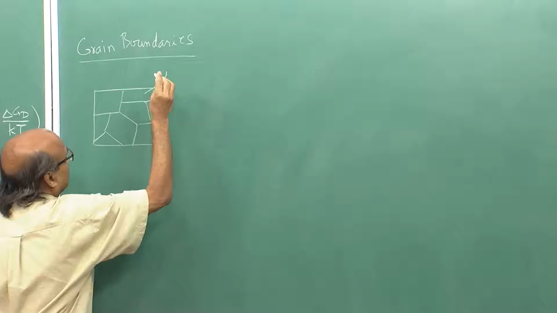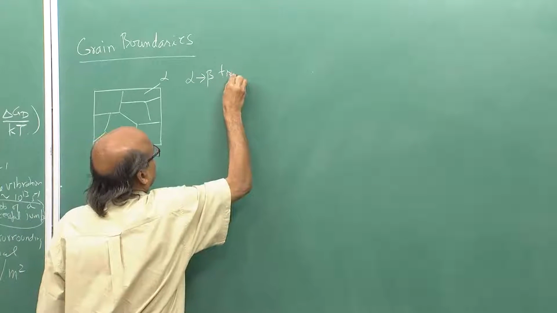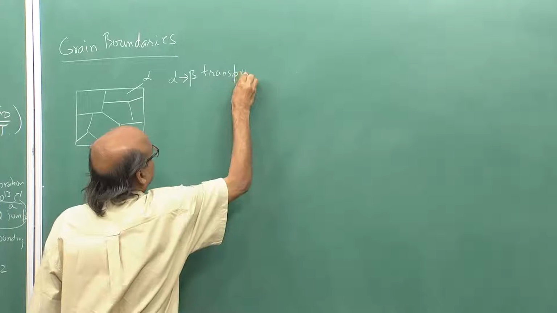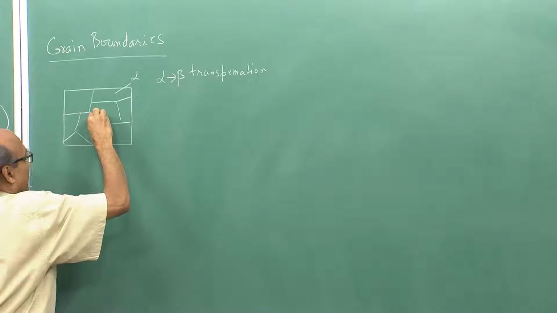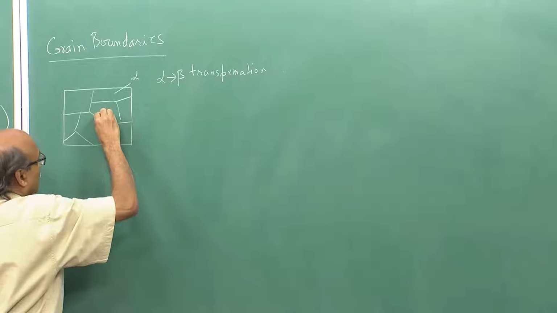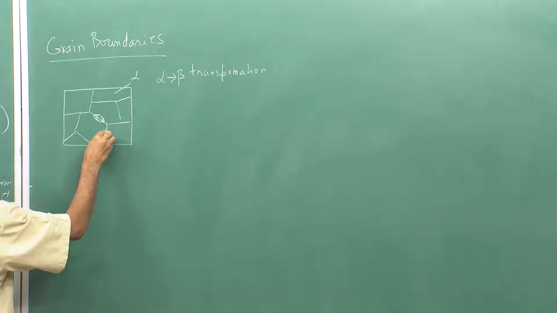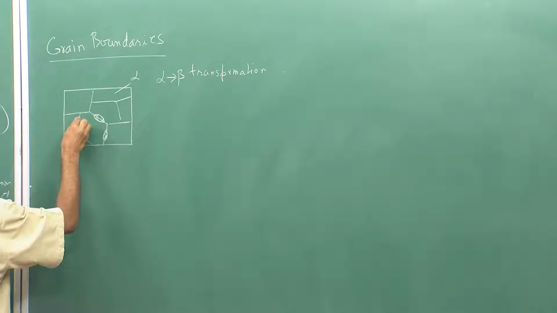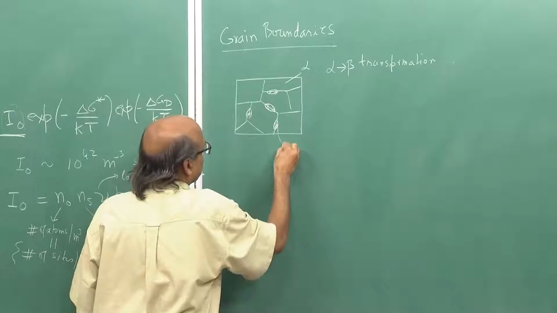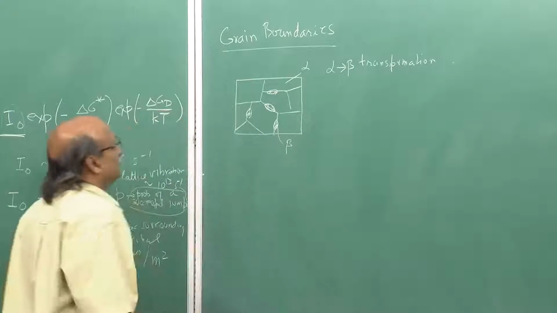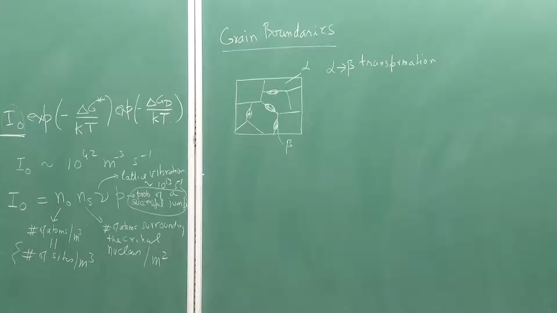This is alpha, and I am considering, let us say, alpha to beta transformation. So, one way the beta nucleus can form is at grain boundaries. These are the lens shaped nucleus, that is one shape that is possible, for which the analysis has already been done.